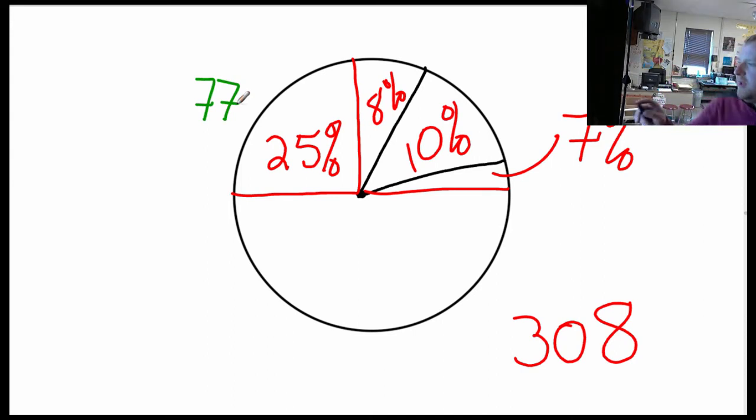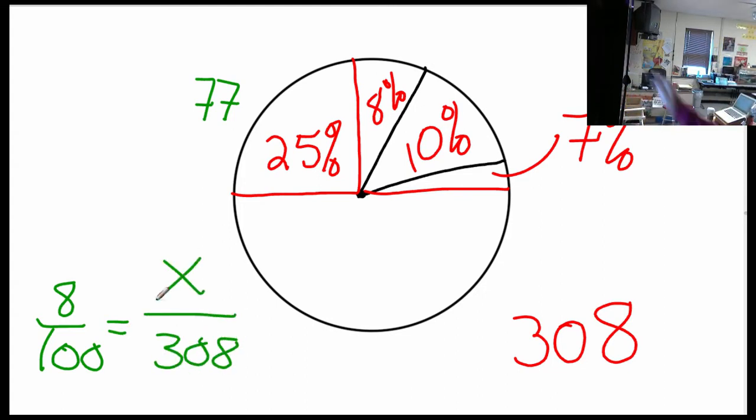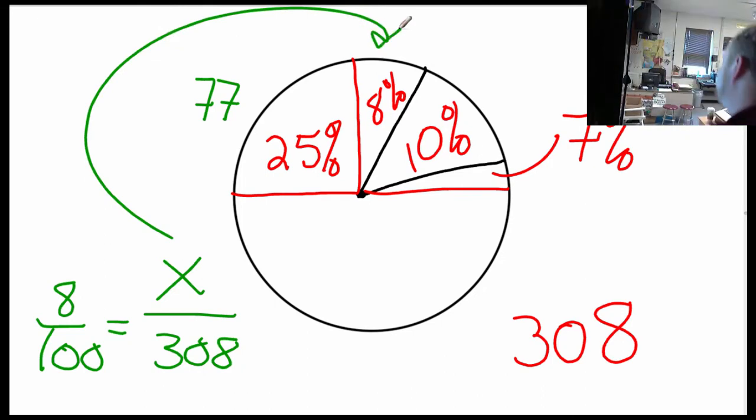So we could say 8 over 100 equals an unknown value over 308. And that would be 8%. But we could also use Chloe's approach, right? This 8 divided by 100. Anyone know what that is as a decimal? Toby. 0.08.